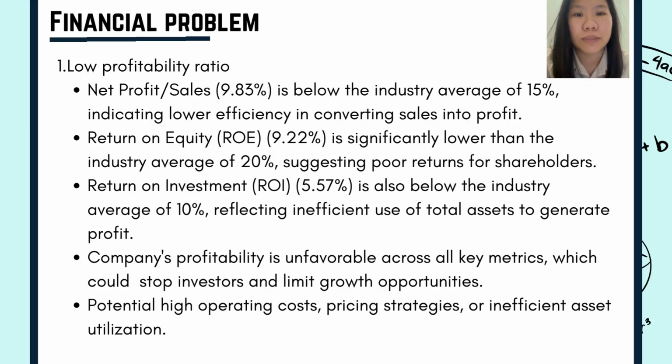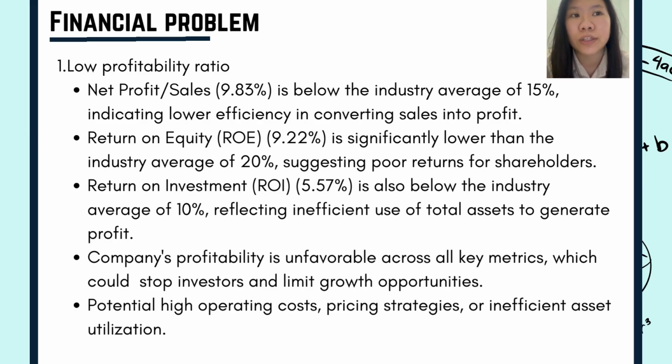The first one is low profitability ratio, where our company's net profit is 9.83%, which is below the industry average of 15%. This shows lower efficiency in converting sales into profits.